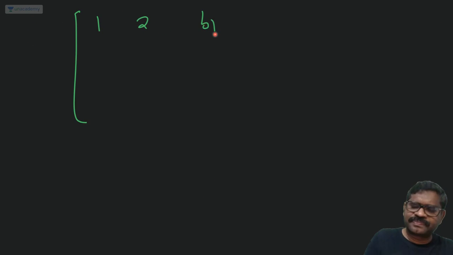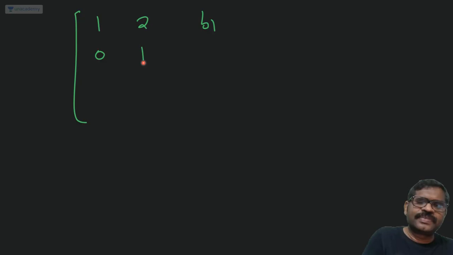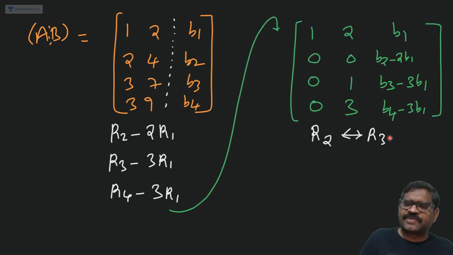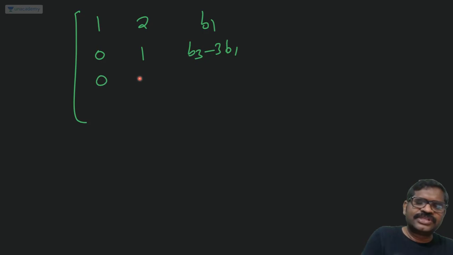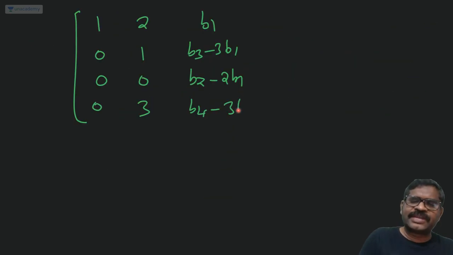You'll get 1, 2, B1, 0, 1, B3 minus 3B1, 0, 0, B2 minus 2B1, 0, 3, B4 minus 3B1.